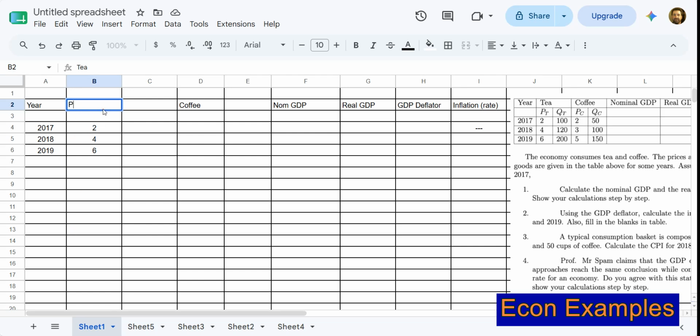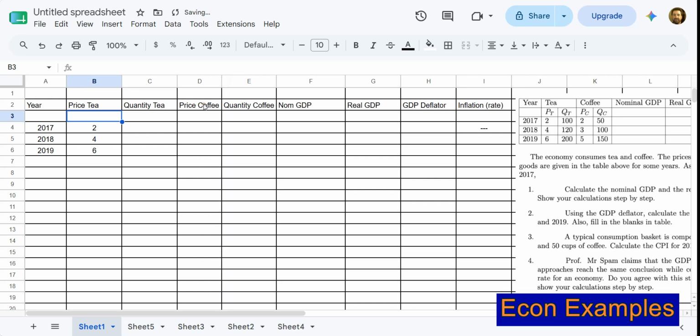So we'll just do price of T, quantity of T, and then price of coffee, quantity of coffee. And in a second, I can make that taller, but it's fine.